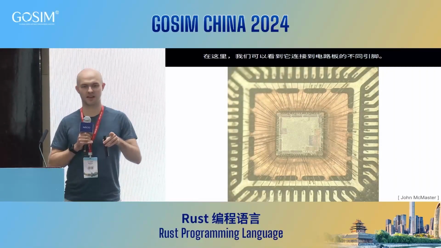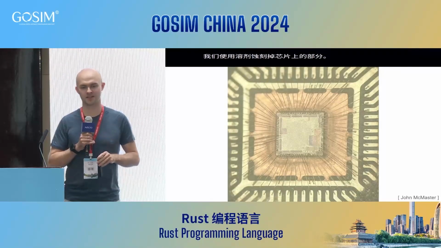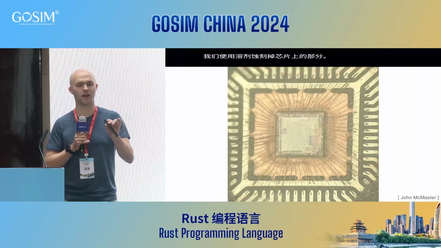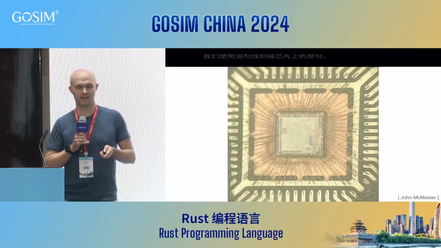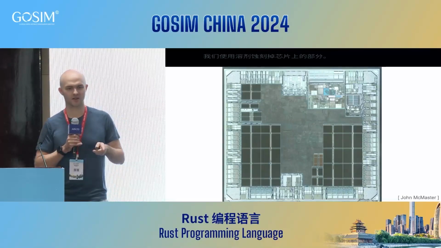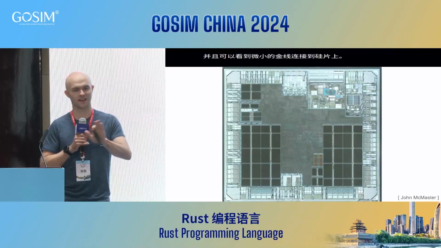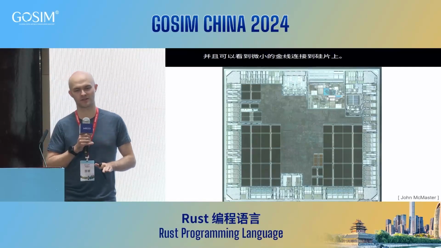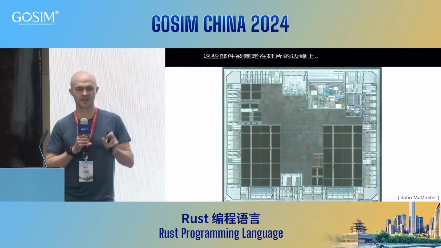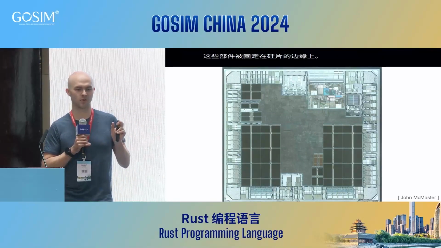You see on the external periphery of this image the pads, and you see tiny gold wires going to the silicon. These attach to the edge of the silicon. This is also with some layers of the chip etched away. And on the edges you see these square blocks to which these gold wires connect.